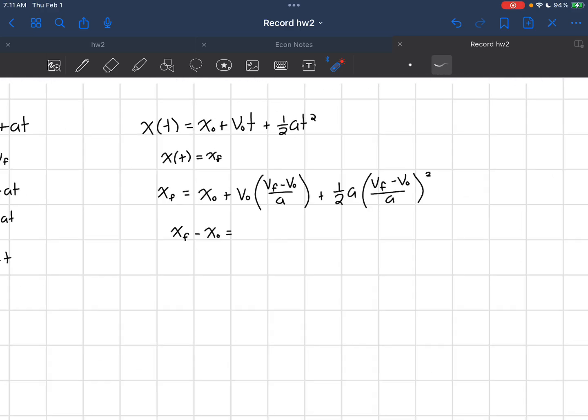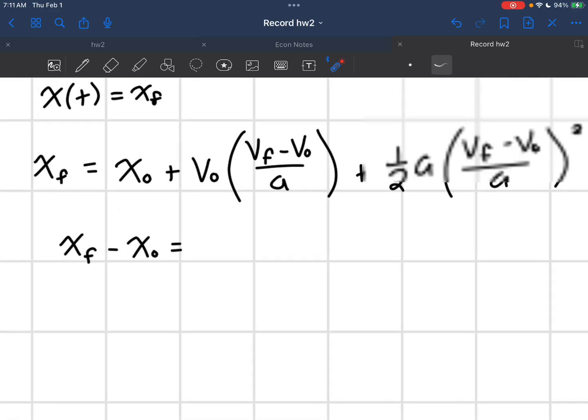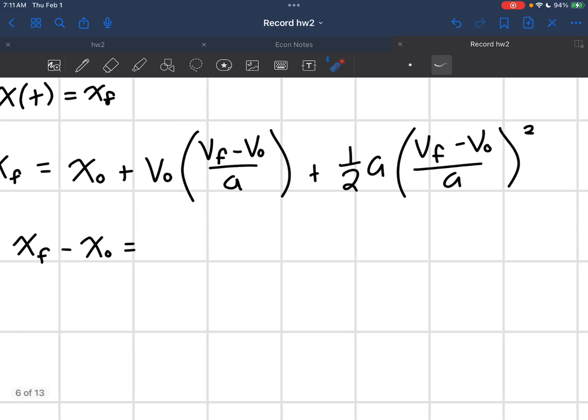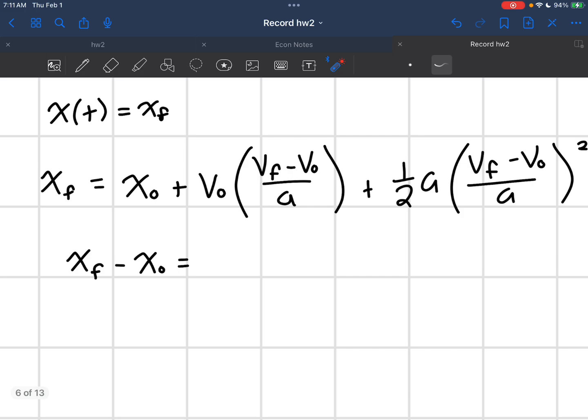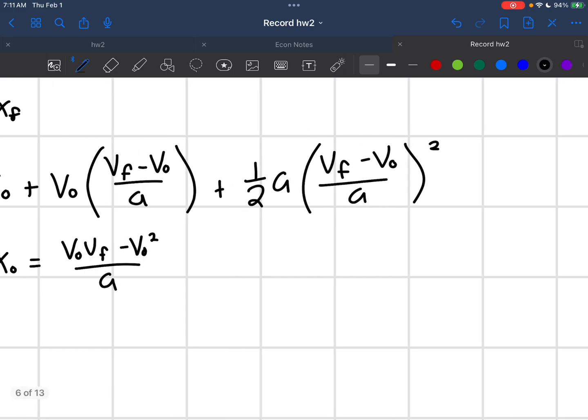So we've done something very similar to this, and we're going to simplify it exactly the same way that we did before. So I'm going to distribute my v naught in over my numerator. So it'll be v naught vf minus v naught squared over a, plus, then I can distribute this 2.